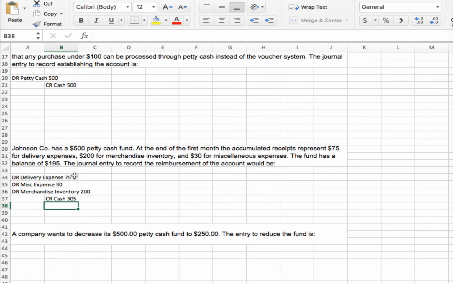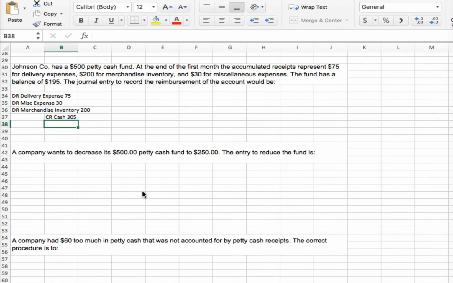And then the other answer choices will include components that are not part of this journal entry. So for instance, if I said, which one of these components is part of the journal entry, and then I had as answer choice A, credit cash for $305, that's how I would answer it. Answer choice A, credit cash, $305. So that could be any one of these four components here.